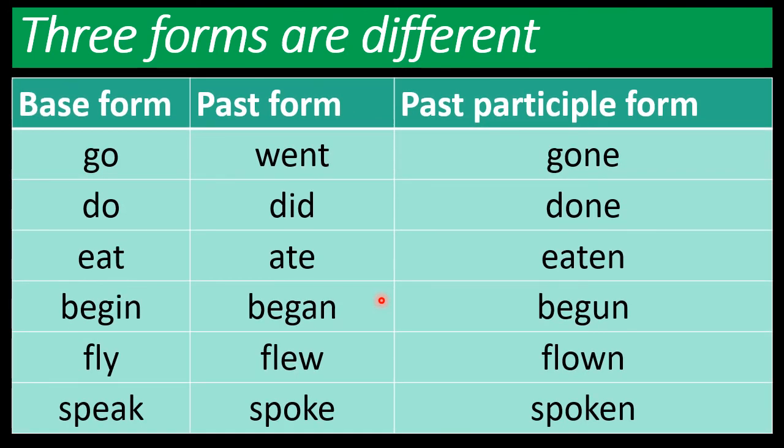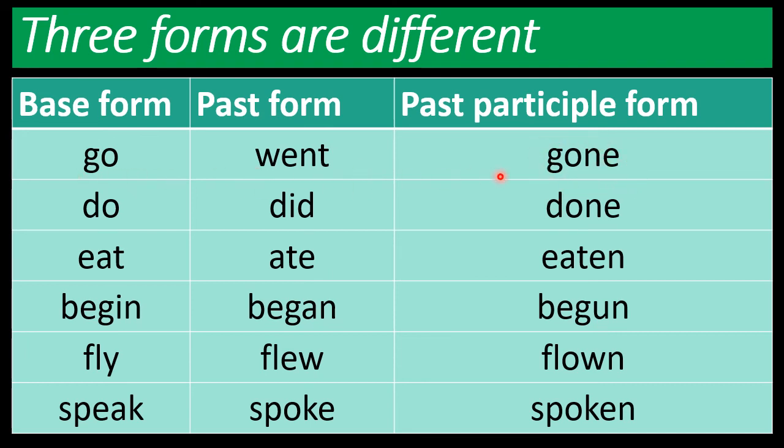Now look at the verbs where the three forms are different. The common verb go, went, gone. If we look at the verb, we can see that the base form is go and the past form is went and the past participle form is gone.